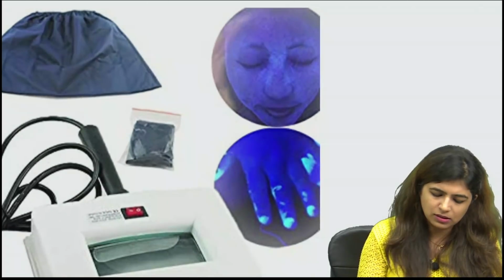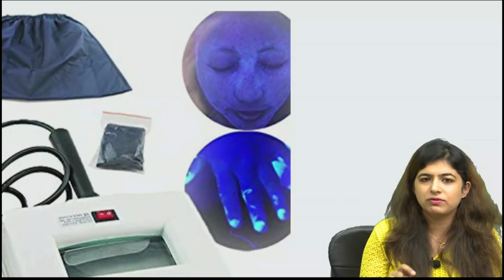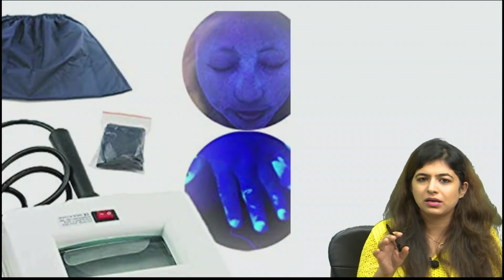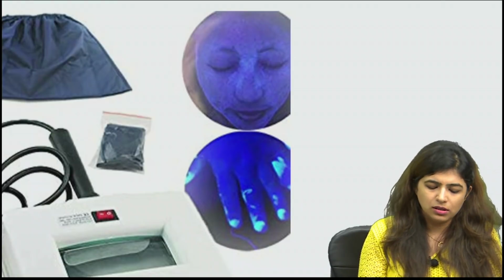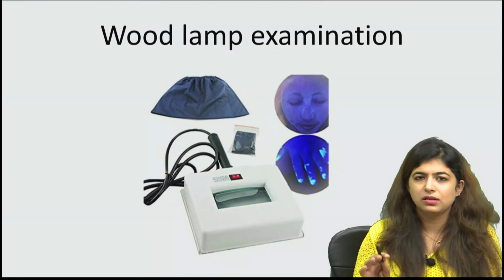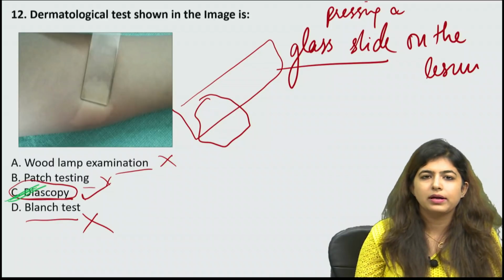So this is the appearance which you get on Wood's lamp. If such kind of a photo is given to you, then it means that the test being conducted is your Wood lamp examination. All right? So moving to the options of our question here, the answer either way is diascopy. I hope I am clear.